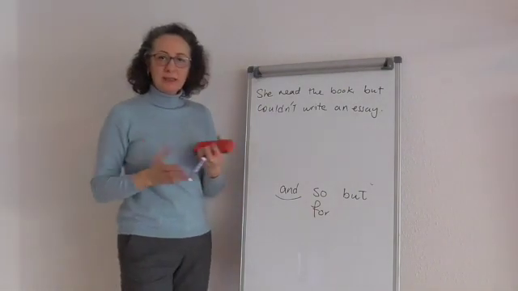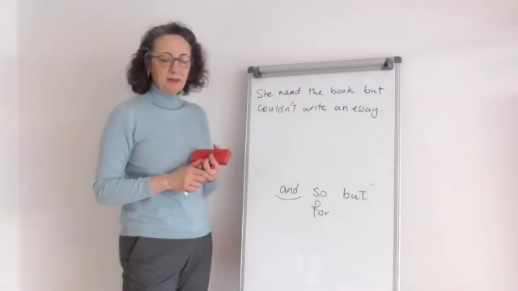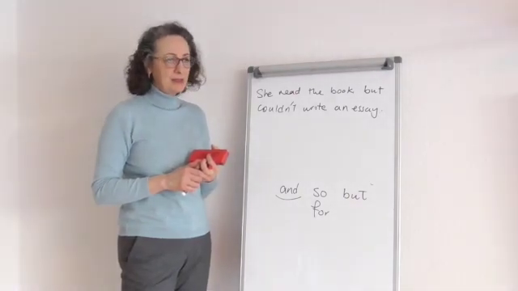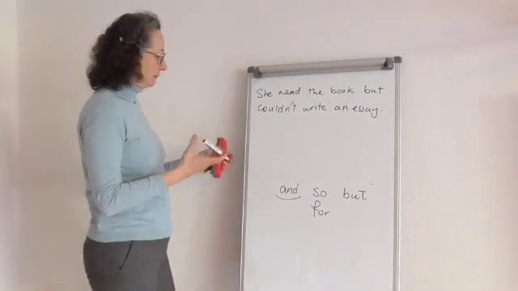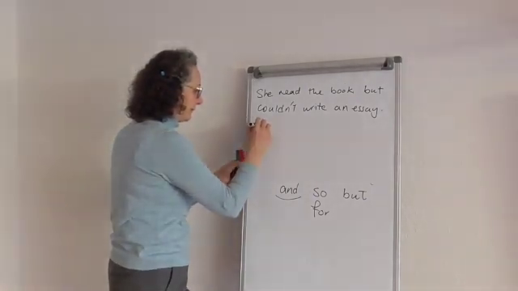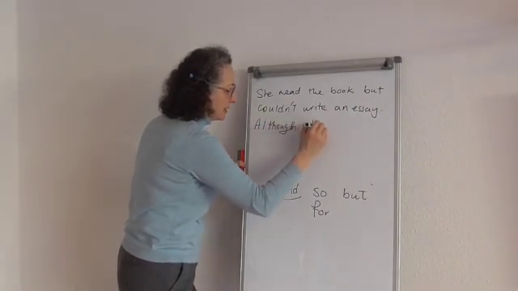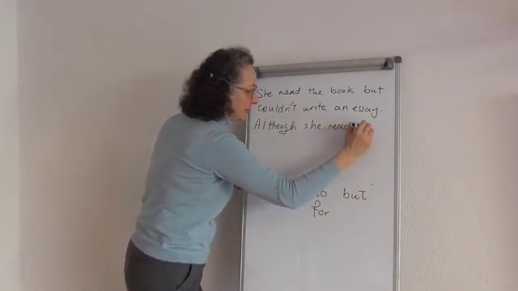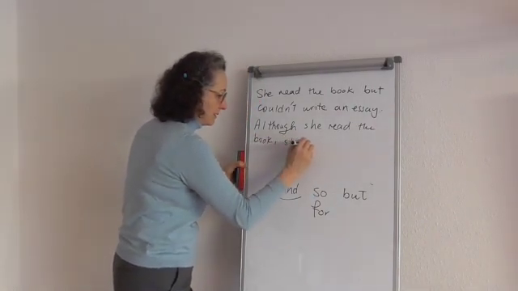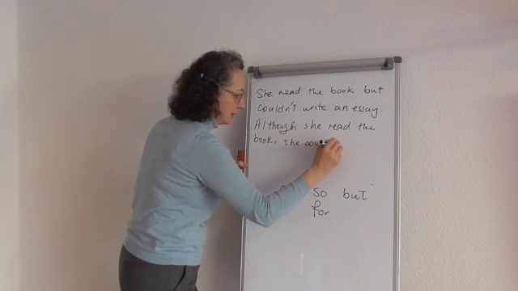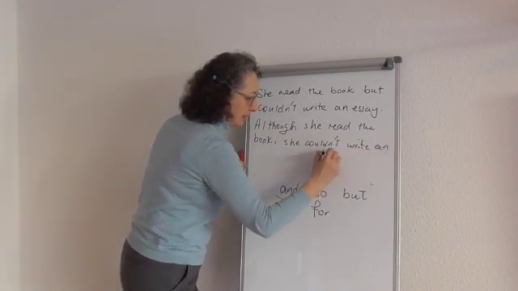So let's start with some words that I am absolutely sure you have heard of. For instance, "although." So I start with "although she read the book, she couldn't write an essay."